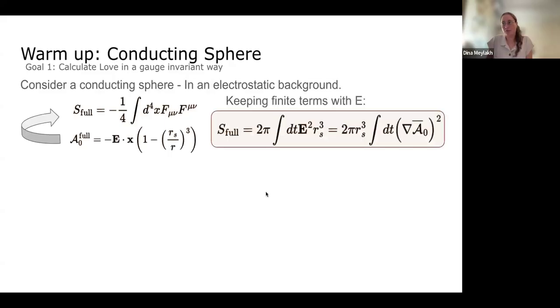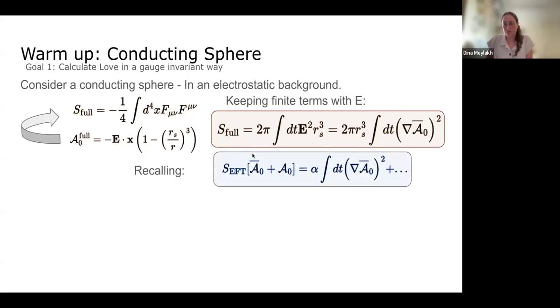Now keep only the finite terms that correspond to the external field E, and rewrite them so they match just the derivative of our background field. Now inspect our effective field theory action, and we see a term matching this exactly.